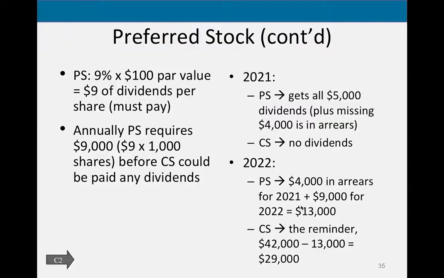So preferred stockholders right away out of $42,000, they have to get 13K. And the remainder, whatever remains, which is $29,000, goes to the common stockholders. So these are types of problem you will have for preferred stock, just to figure out how much dividend goes to both classes of shares of stock. There are no really journal entries here.